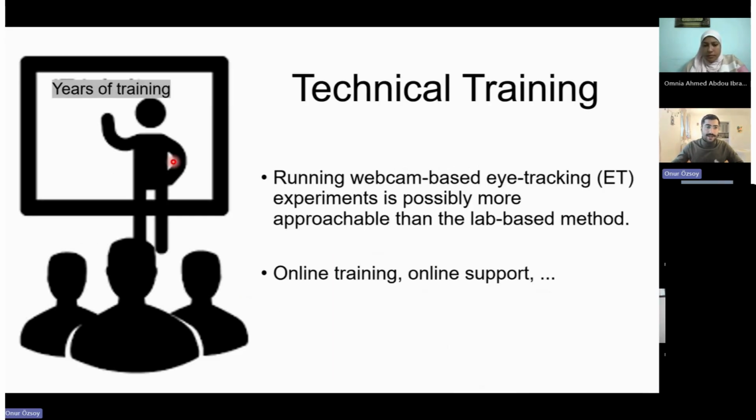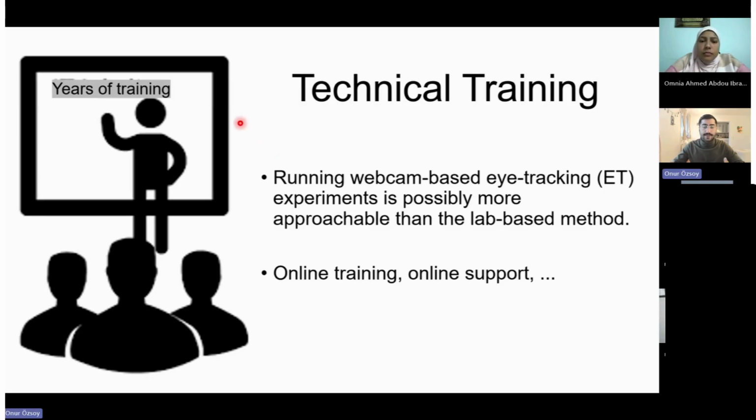Another aspect that I like to praise is that I find webcam-based eye tracking, because it's no additional technical setup, it's just your webcam, easier to learn and acquire as a skill. Whereas lab-based eye tracking, because it has a lot of technicalities, requires more training.